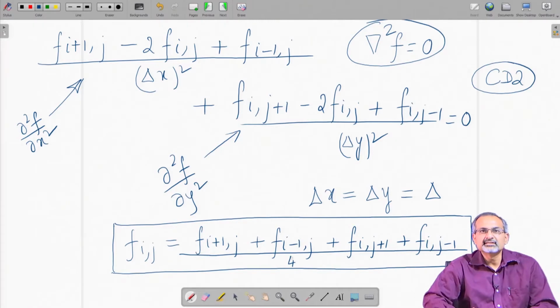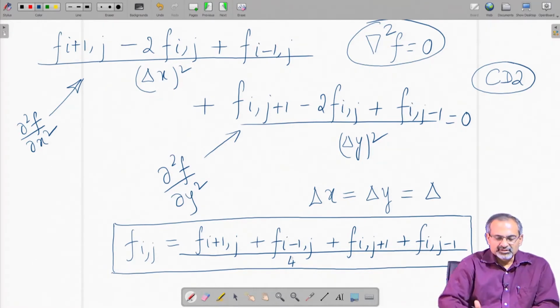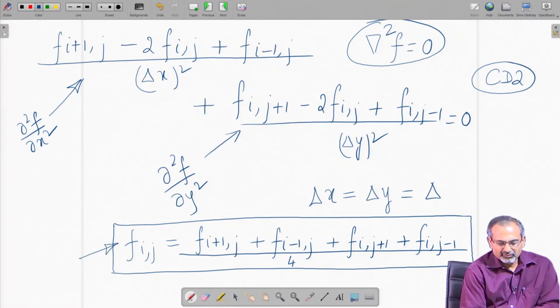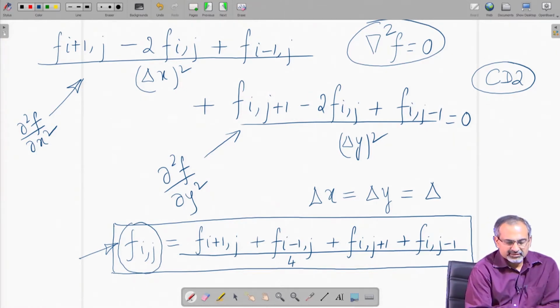This looks like a very simple expression, but it has a profound physics in the background, which tries to convey that the functional value at the grid point i j would be influenced to an equal extent by all the neighboring grid points that surround that point i j.